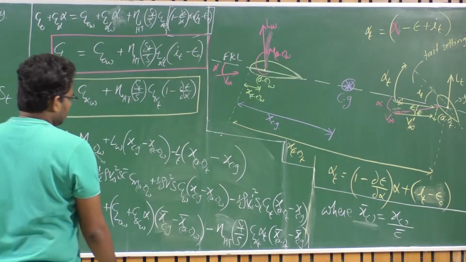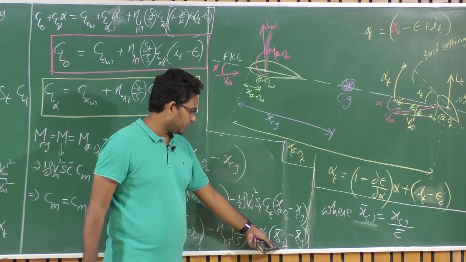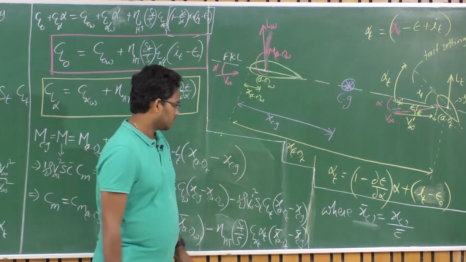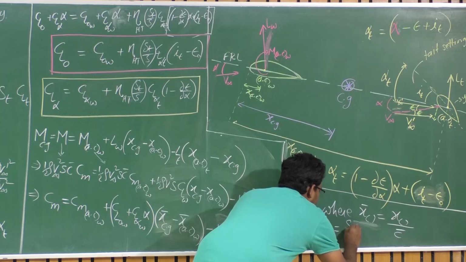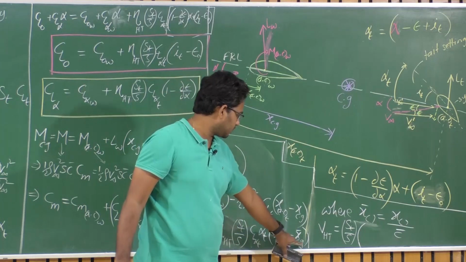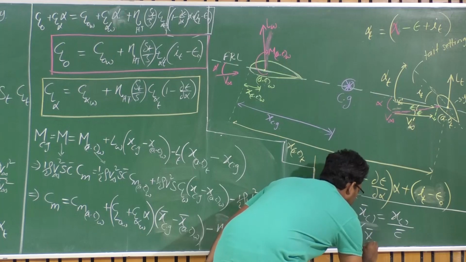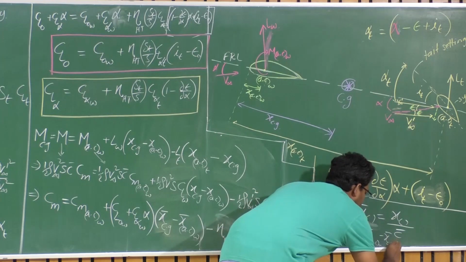So this particular term, S T upon S, multiplied by this particular term, is also called the tail volume ratio. So V HT is equal to ST upon S times LT upon C bar, where LT is the distance between AC of tail and CG, which I will call x bar AC of tail minus x bar CG. Right?